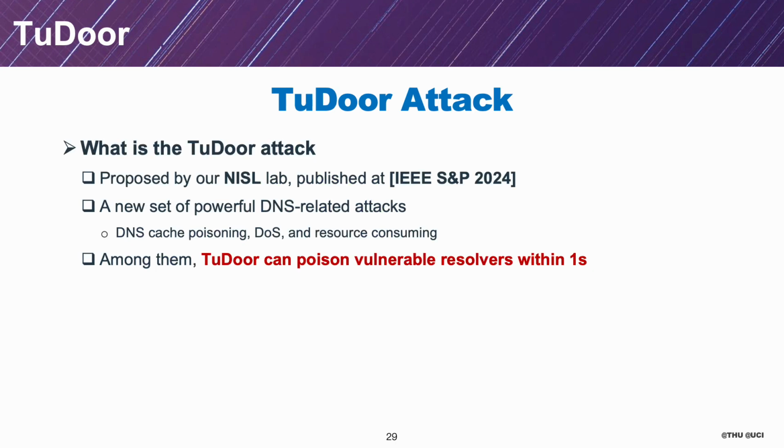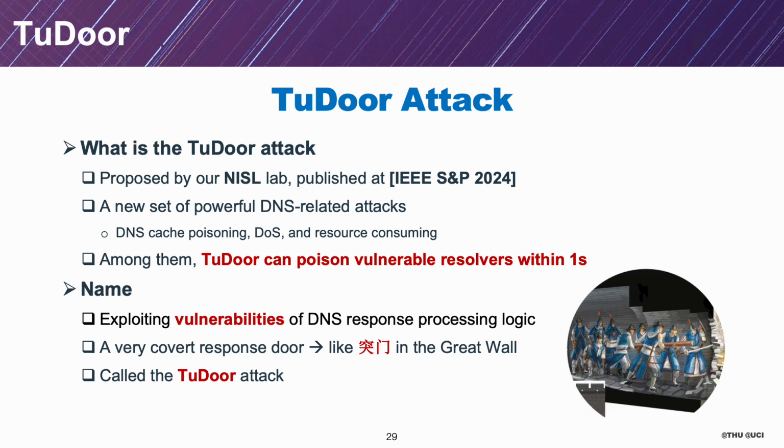So the TuDoor attack is proposed by our lab, and it is a new set of powerful DNS-based attacks, including DNS cache poisoning, DoS, and resource consumption. Among them, TuDoor could poison vulnerable resolvers within just 1 second, because we exploit vulnerabilities of the DNS response processing logic, like passing a covert response stored in the firewall.